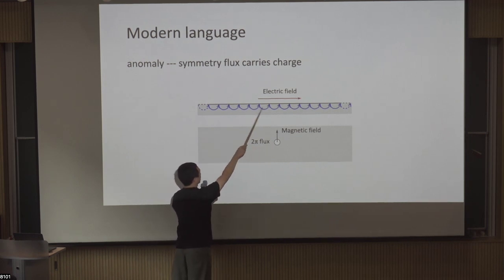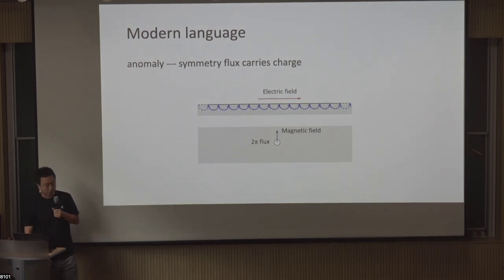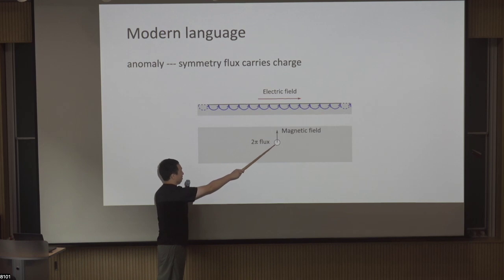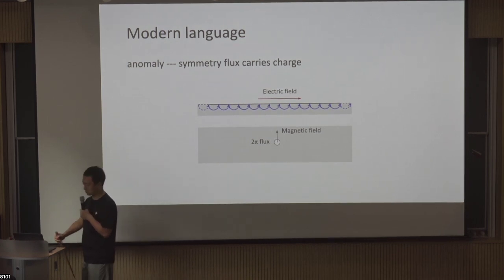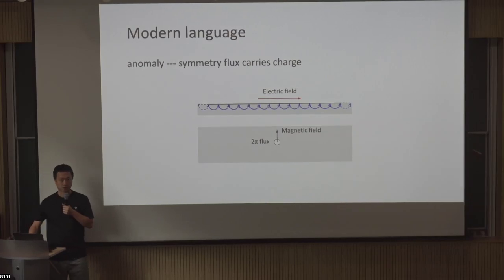That will induce the electric field according to the Maxwell equation. But for the whole system, when you insert an extra magnetic flux, you will bind an extra charge here. So that's what brings an extra charge to the whole system. So the slogan here is the symmetry flux actually will carry a charge for the anomalous system.